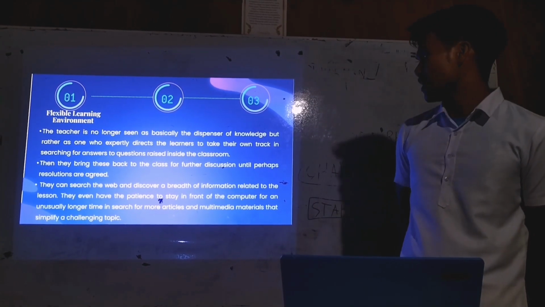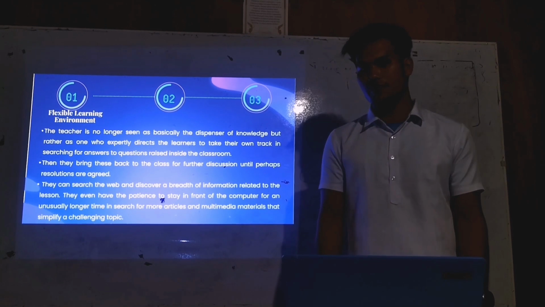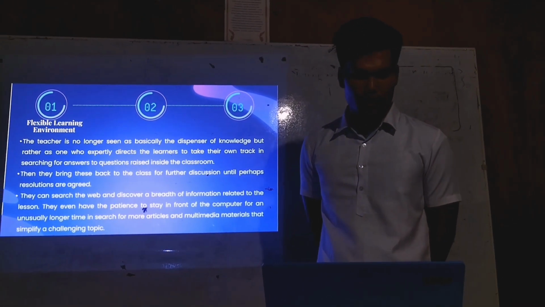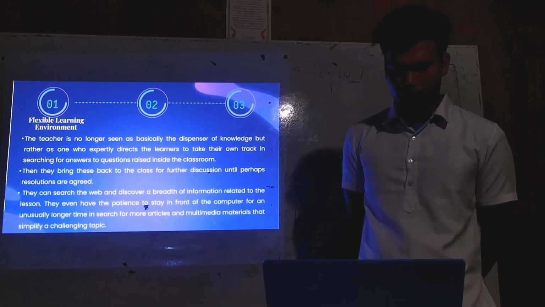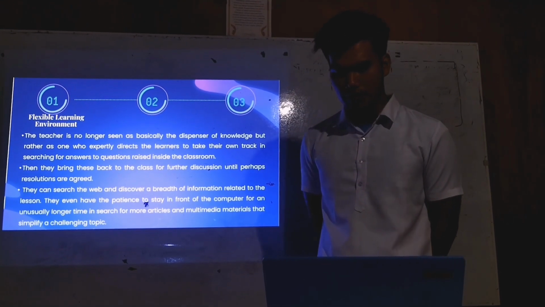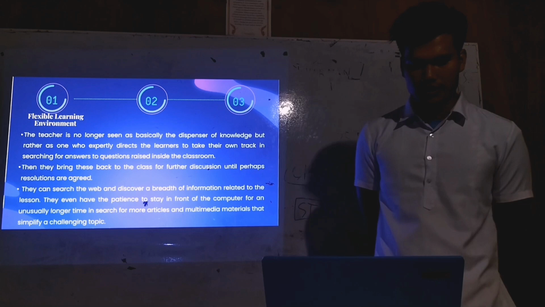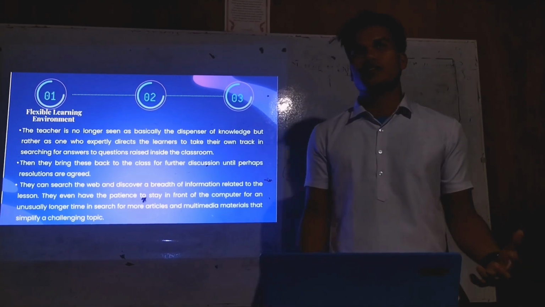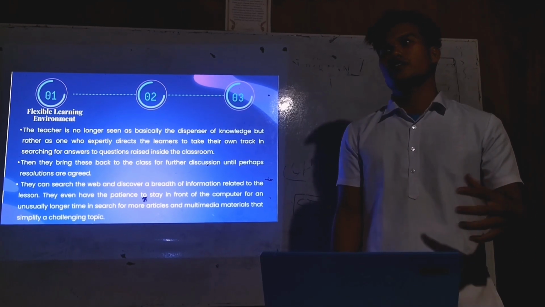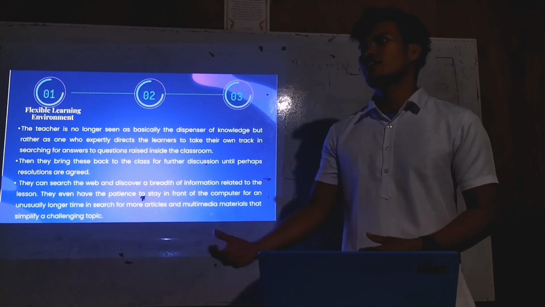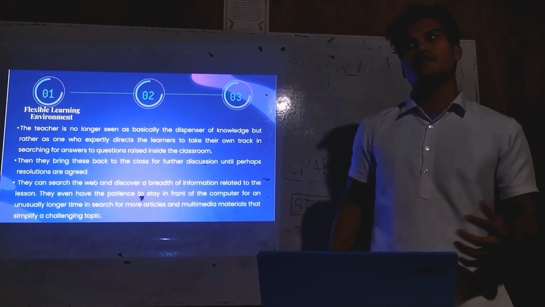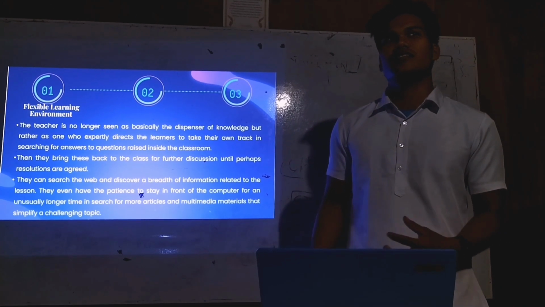They even have the patience to stay in front of the computer for an unusually longer time and search for more articles and multimedia materials that simplify a challenging topic. So, in flexible learning, the student can search the web to gather information from online websites for their further knowledge.